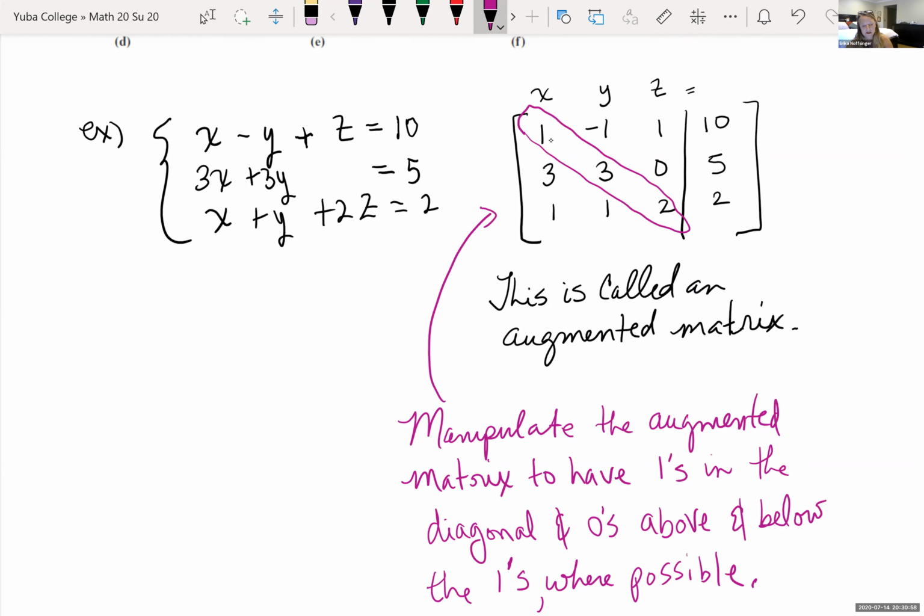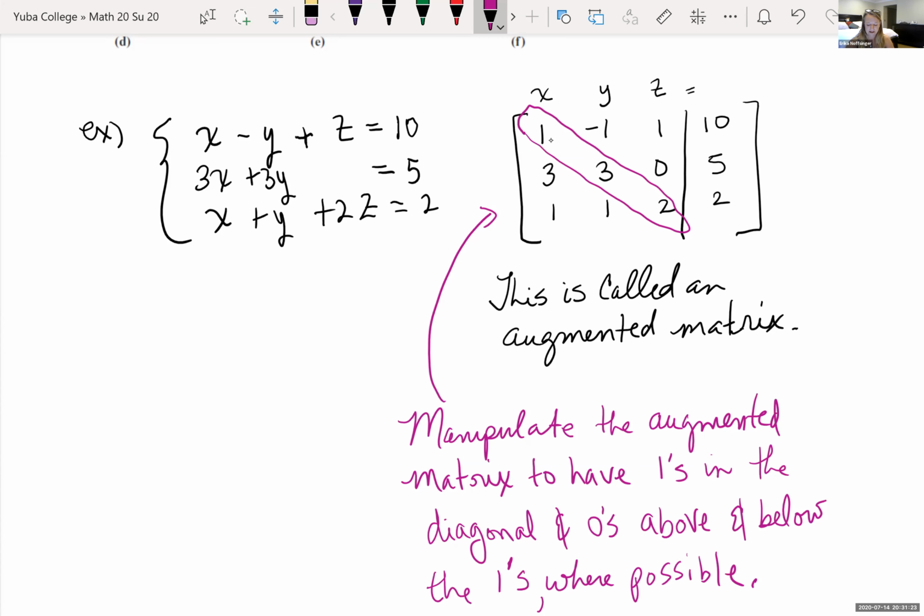How we denote where an entry is, and it's not too important in this class, is that we always do it by row and then column. So this 1 here is in the first row, first column. This -1 is in the first row, second column. This 1 is in the first row, third column.